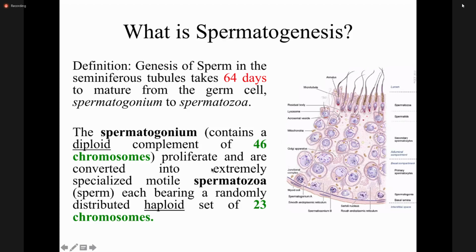Each spermatogonium has a diploid set of 46 chromosomes. By the end of the mitosis and meiosis, each spermatozoon has a haploid set of 23 chromosomes.